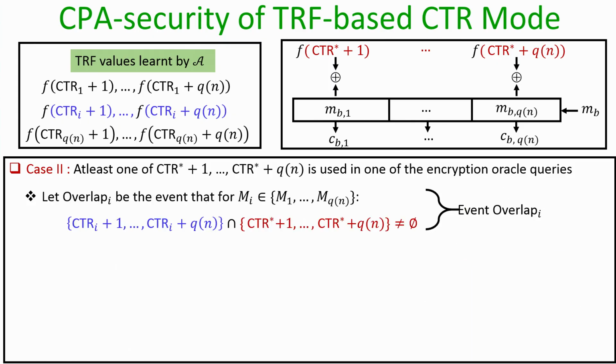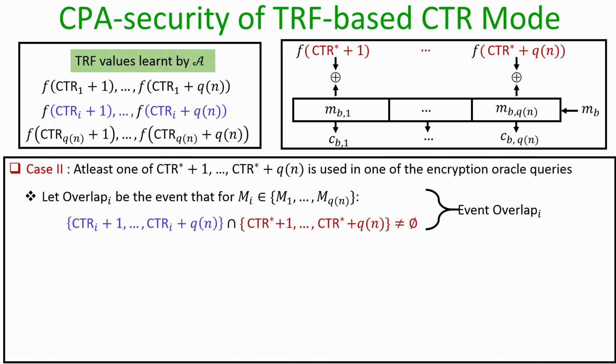For that, let me consider an event overlap I. That is an event I am defining, and the event overlap I denotes the event that when the challenger is encrypting the ith encryption oracle query from the adversary, the counter values which are used for encrypting the blocks of the message MI get overlapped with the counter values which have been used by the challenger to prepare the challenge ciphertext.